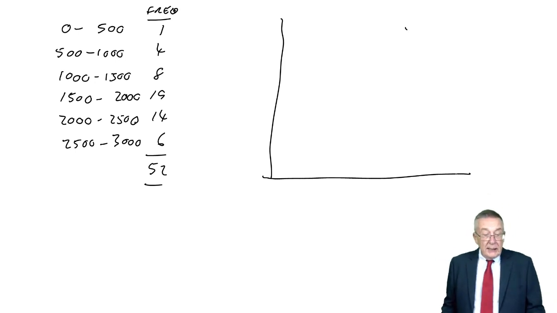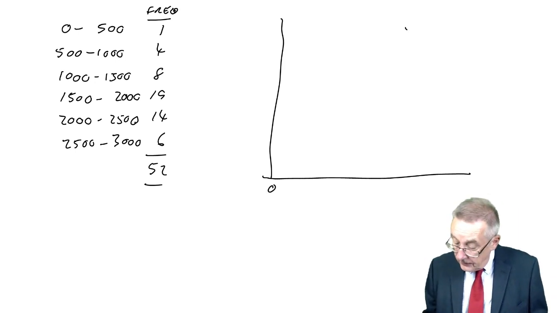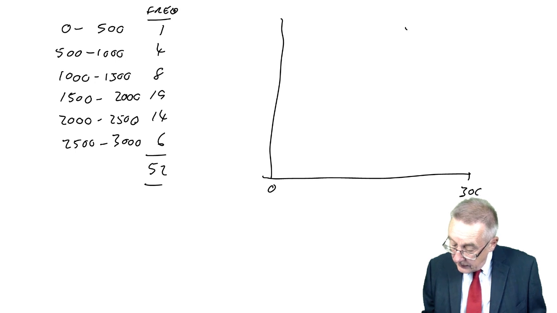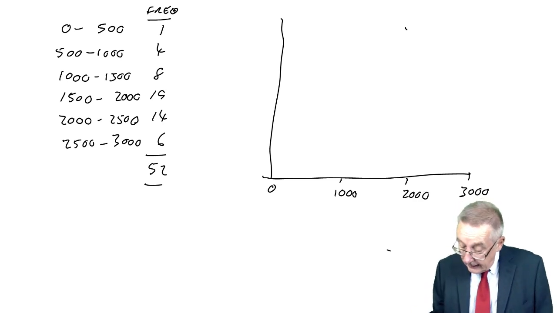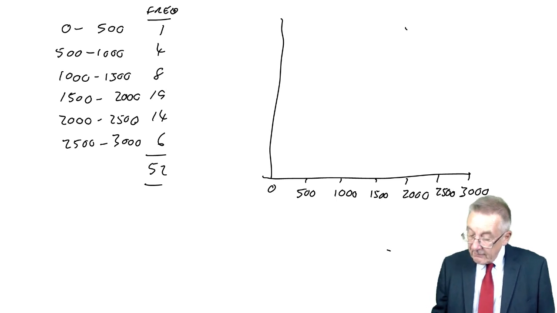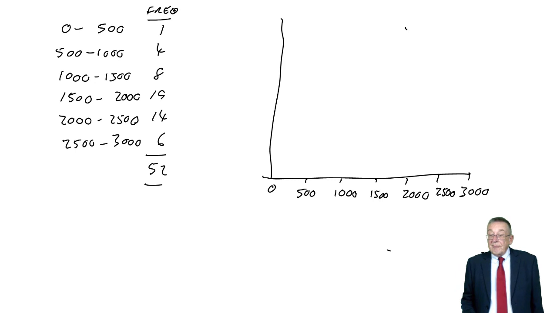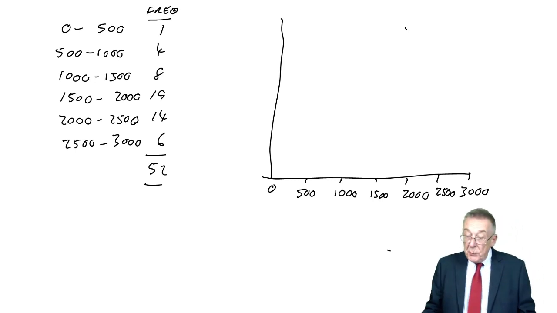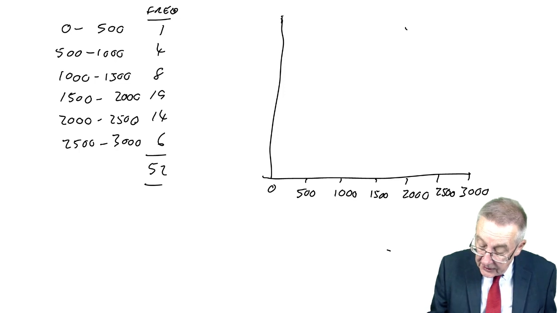And what we do here, again, it's going up to 3,000, so 0, 1,000, 2,000, 3,000, 500. And in total, the frequency, in total, there are 52 weeks. So this bit goes up to 52.